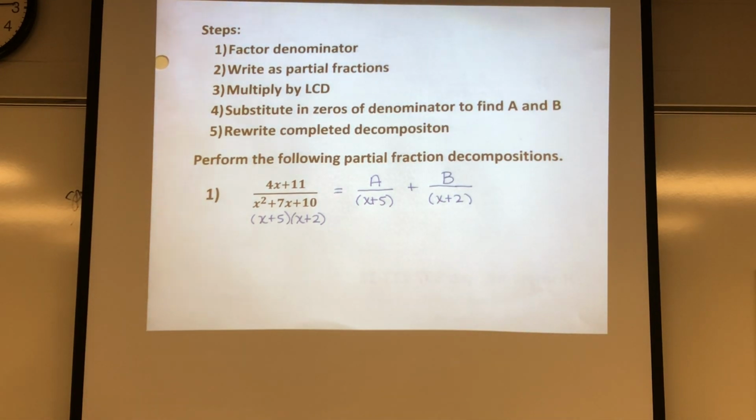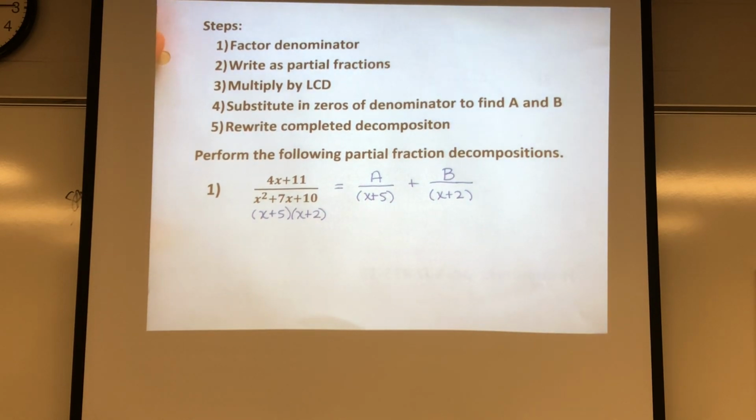And basically the process that we're doing is kind of working backwards, where we're used to being given two fractions and finding an LCD and coming up with one rational expression at the end. But now we're starting with the one and we're breaking it apart into multiple. All right, so we've done step 1, we've done step 2. Now we want to multiply by the LCD.